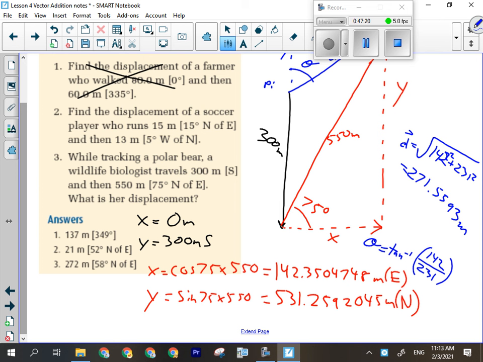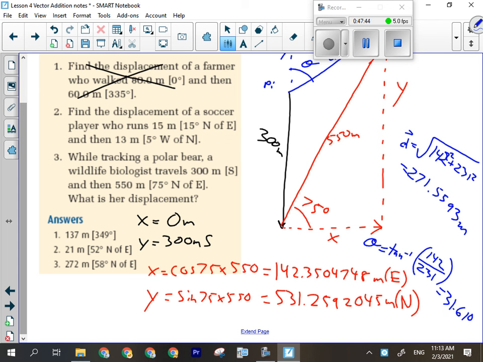So second tan of 142.3504748 divided by 231.2592045. All right, that gives me 31.61 degrees.